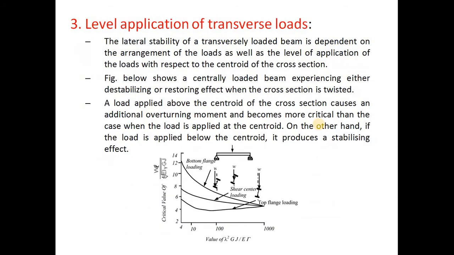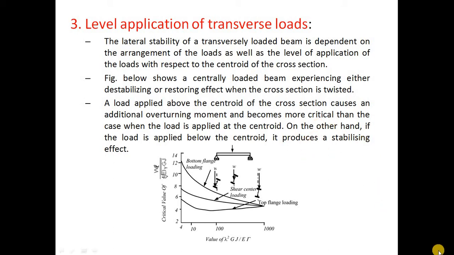Okay, now the third one, here I will try to explain you the destabilizing loading. Now the level of application of the transverse loads also plays a very important role in the instability of the beams. How it is dependent? The lateral stability of transversely loaded beam is dependent on the arrangement of the loads as well as the level of application of the loads with respect to the centroid of the section.